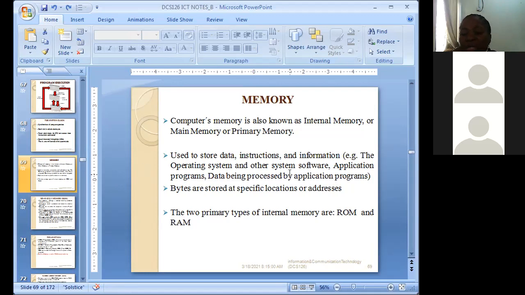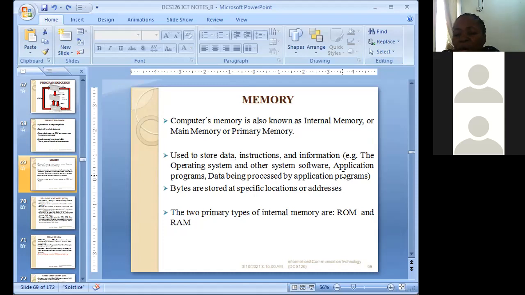It is used to store data, instructions and information. For example, the operating system and other system software, application programs, and data being processed by application programs are all stored in that internal memory.